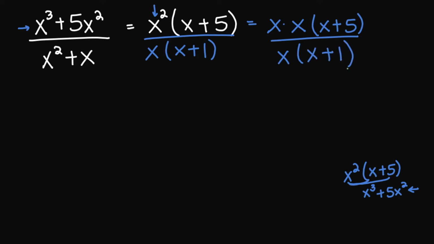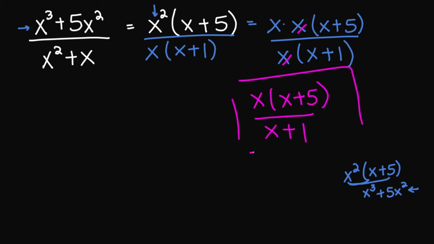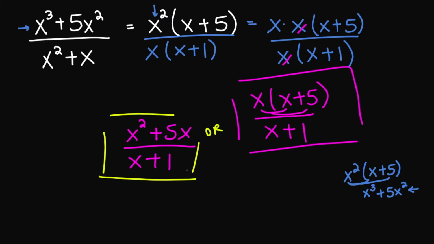And in this example, we can cancel out one of the x's, and I'll be left with x times x plus 5 over x plus 1. And this is your final answer here. And remember, you can leave your answer like this in factored form, or you can multiply it out. So you can write your answer in either one of these forms.